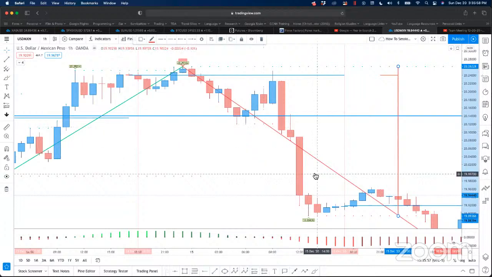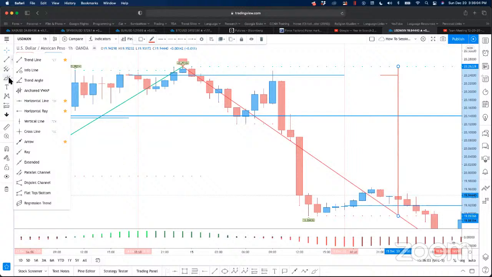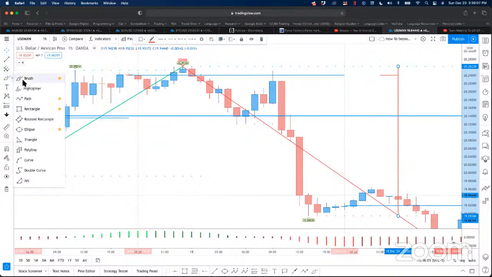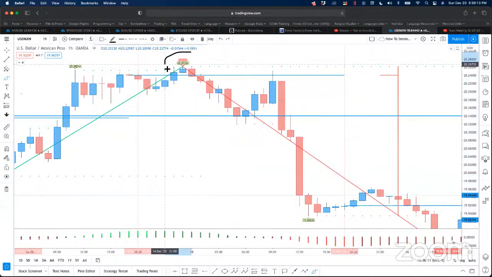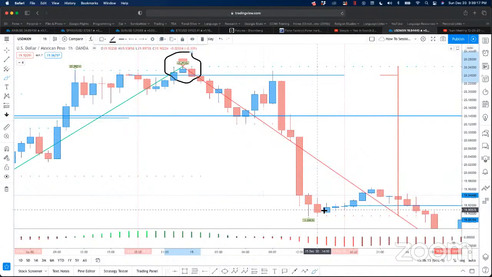Once we make this low right here, we made our high for the day right here. This ended up being the high for the week.